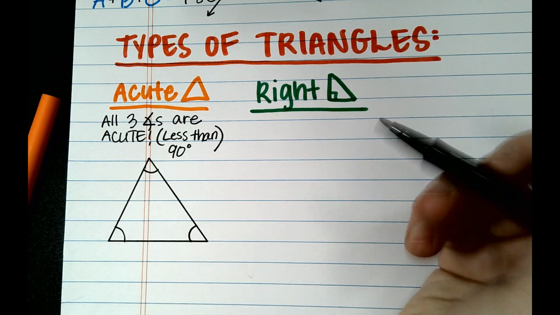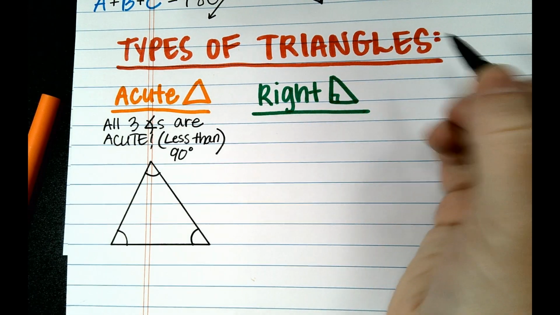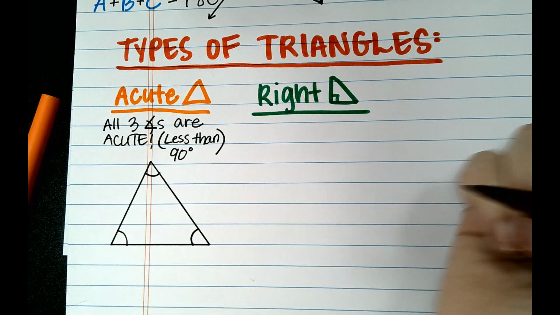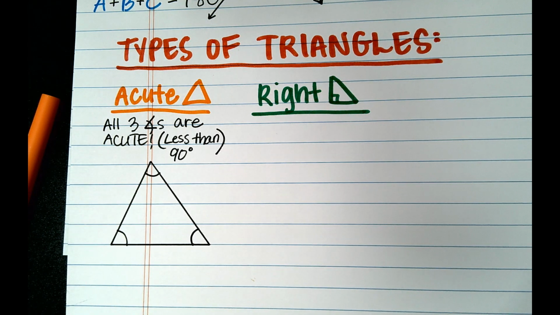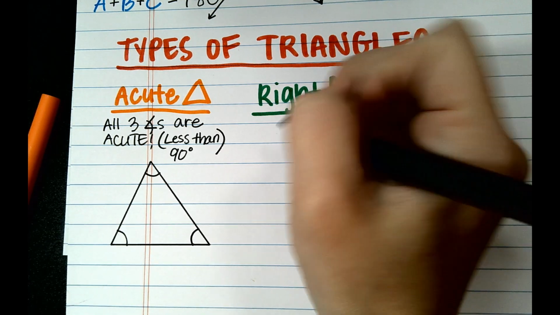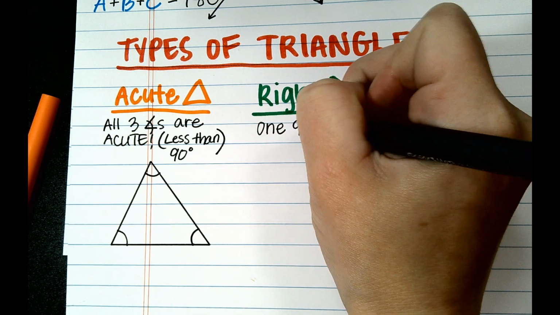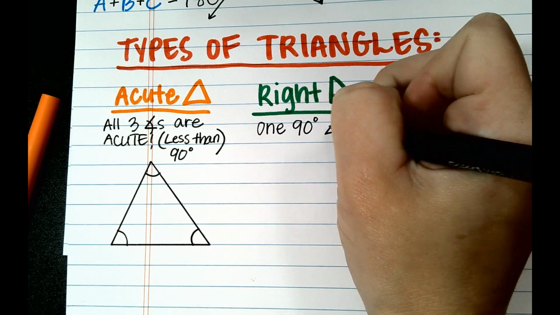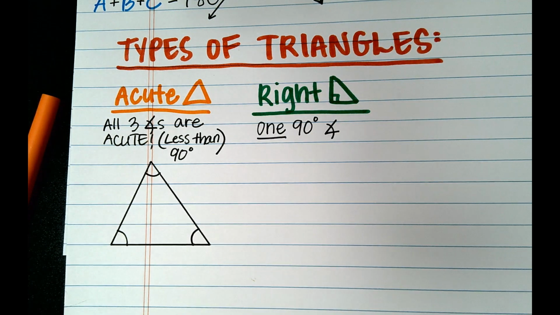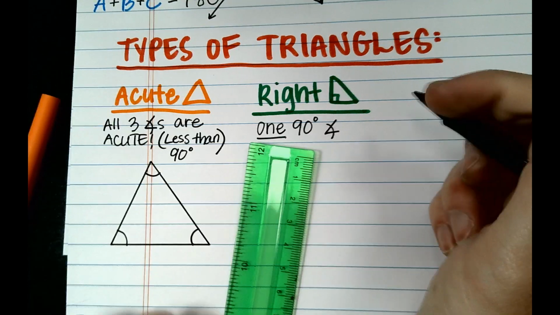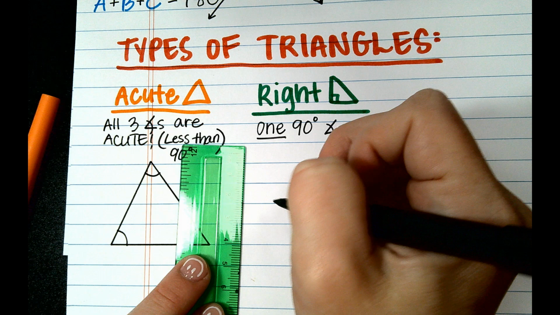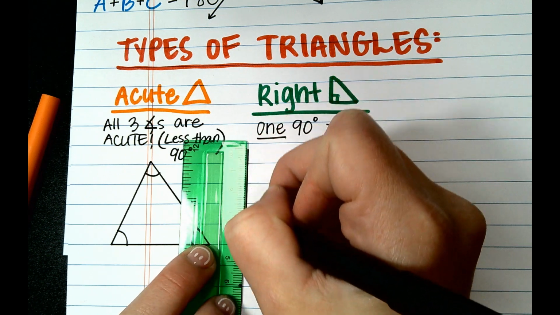So a right triangle is a triangle where there's just one 90-degree angle. You can only have one. So I'm going to write one 90-degree angle. Just one. You can't have more than one or it's not a triangle anymore. Whenever we draw a right triangle, we start with the right angle.